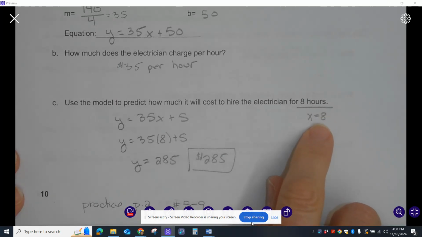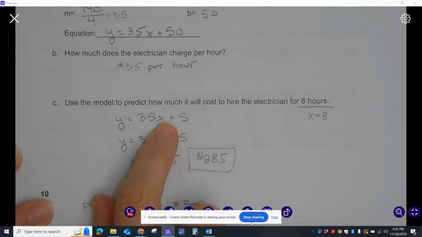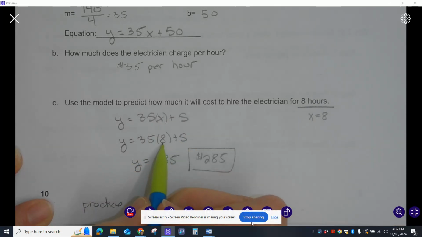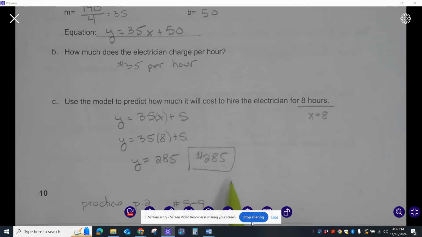So hours are your x. So here's my equation. If I substitute 8 for the x, so remember, wrap up your x, throw out your x, insert an 8, put all that in your calculator, you get $285. So for 8 hours, you would pay $285. That is the end of 4-1.